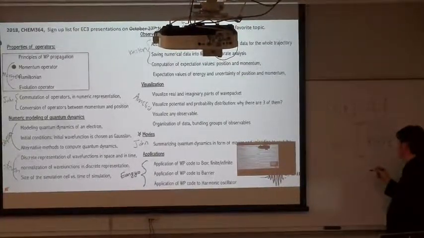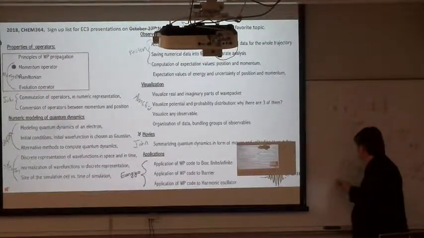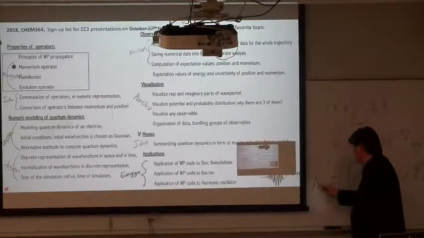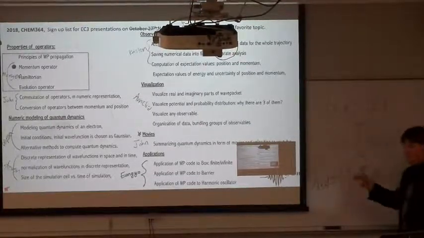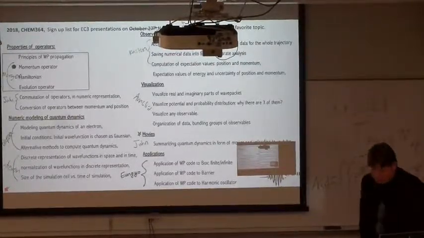If you do have an operator as a function of momentum, then you need to apply two integrals in order to convert the operator into position representation and backwards. So where is it implemented in the code?